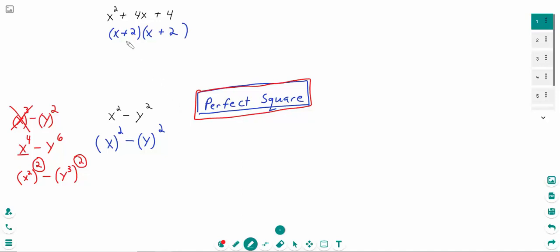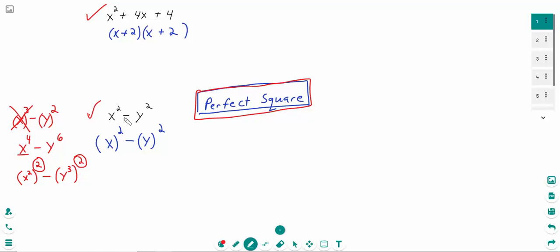You need to say, well, is there anything in all of the terms that I could factor out? And if there is, great, then do that. And if that doesn't work, then say, is it in a form that I'm familiar with? And if it's in this form, like this one, then you could say, okay, it's a perfect square.